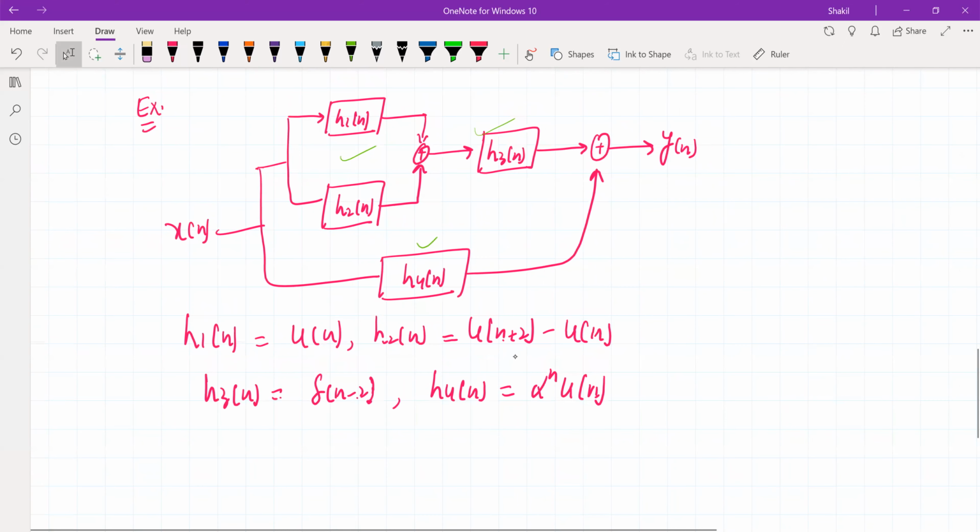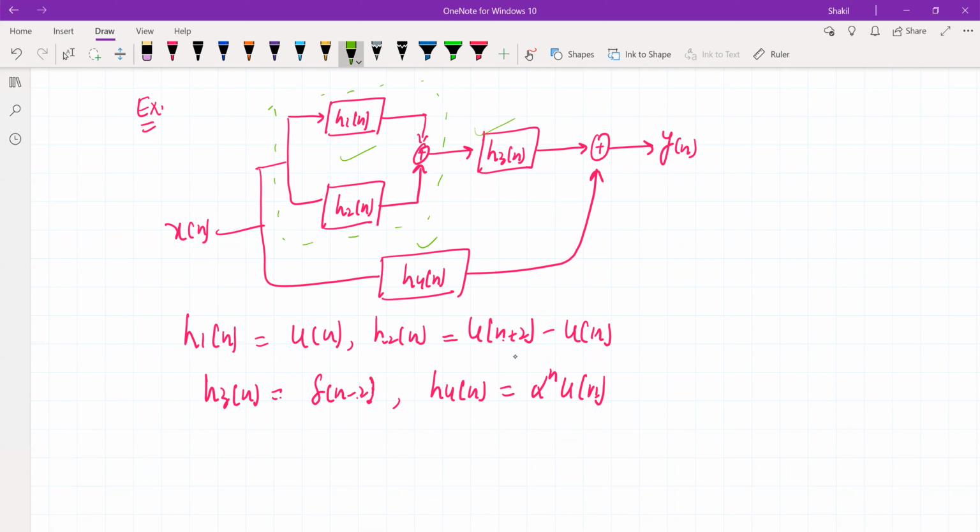Now, we said that two systems connected in parallel can be replaced by a single system which is simply the sum of the individual impulse responses.